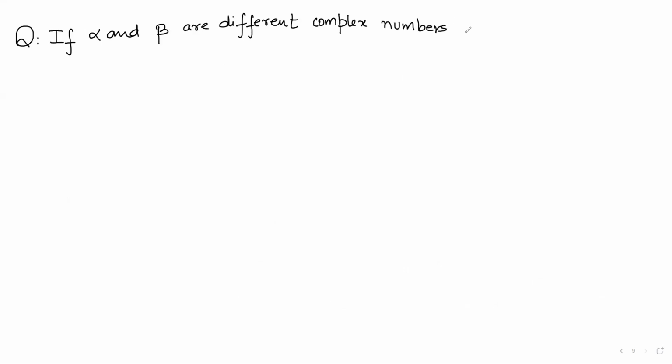So the question is: if alpha and beta are different complex numbers with mod of beta equal to 1, then find the modulus of (beta minus alpha) by (1 minus alpha conjugate beta).